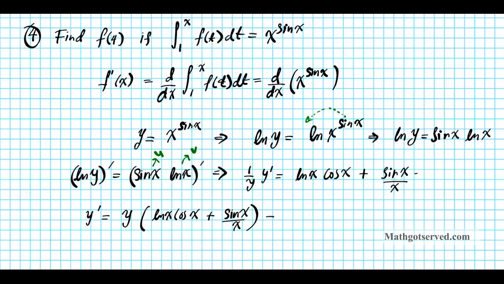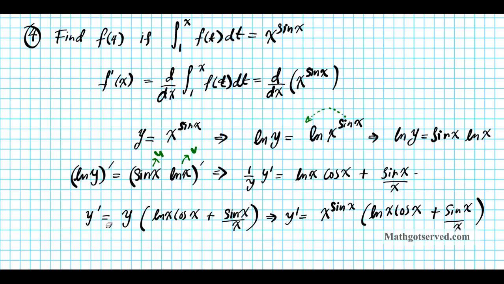So that implies that y prime is equal to x to the sine x times ln x cosine x plus sine x over x. Okay, so this is what f of 4 is.